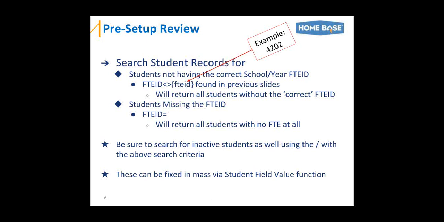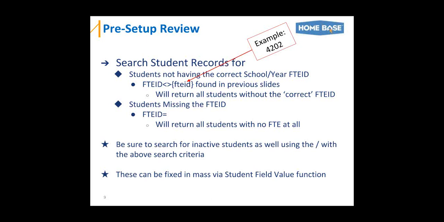You can do another search to find all students that are missing an FTE altogether. And that search is quite simple. It's just FTE ID equals with nothing after it. And then if you hit enter to do the search, it will return you all students that don't have an FTE at all. Make sure that you're including your inactive students as well when you're doing your searches up above.